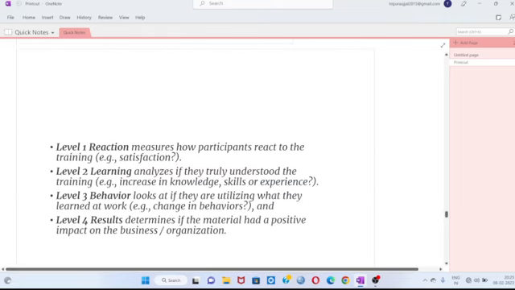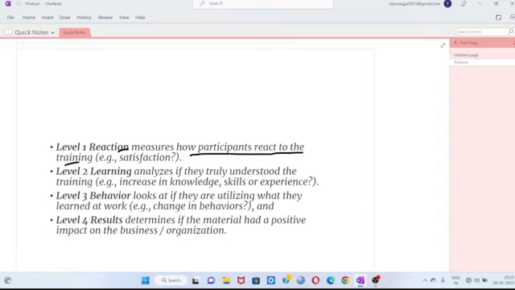We can see the reaction. The reaction measures how participants react to the training and whether they are satisfied. Learning analyzes whether they truly understood the training, increased their knowledge, and the skills and experience they have gathered.